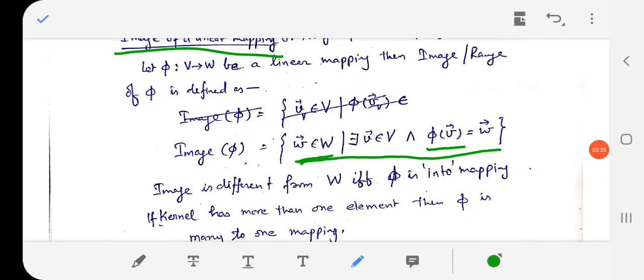Now, interestingly, the image is different from W. Why?